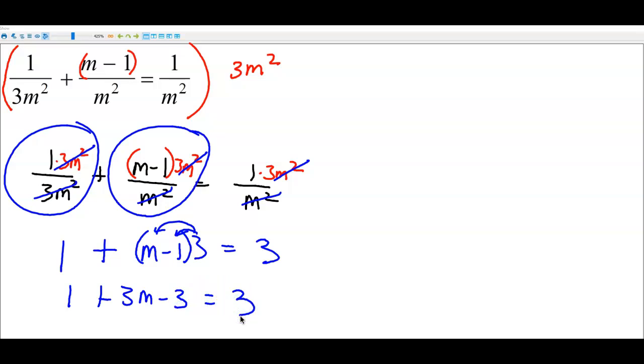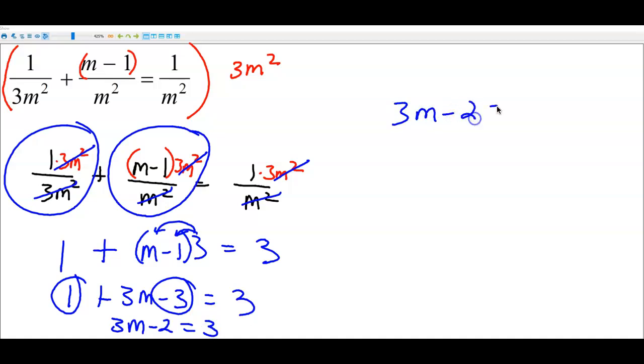Miles, what's next to solve for him? Yeah. So what would you do then? So put these together, right? Okay, that's good. Combine your like terms.